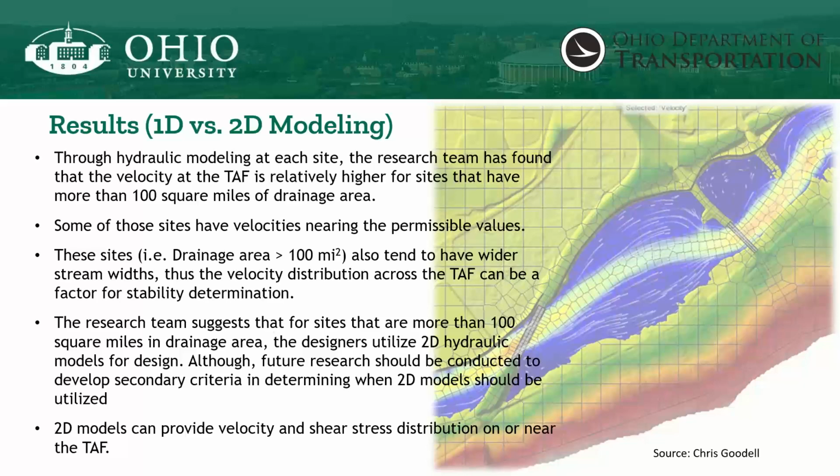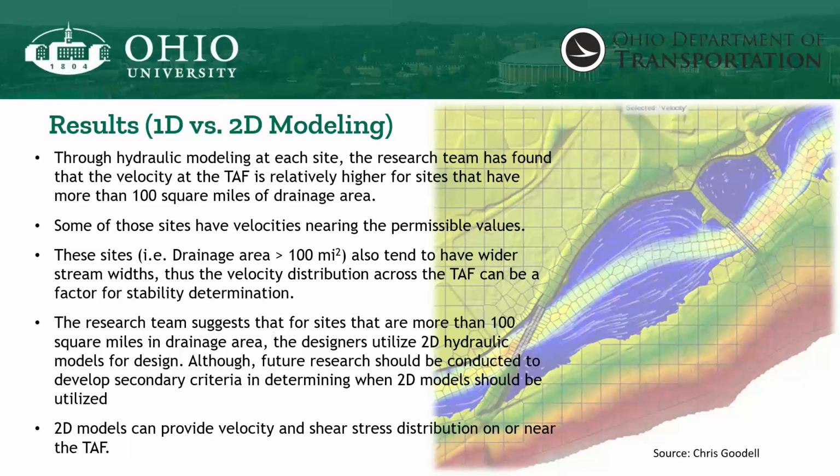Although future research could be conducted to determine what the secondary criteria are, because 100 square miles is a lot of sites, right? We actually tried to look for secondary criteria, and we tried everything you can think of, from StreamStats to LiDAR. We looked at Google Earth and the vegetation. We looked at the local slopes.